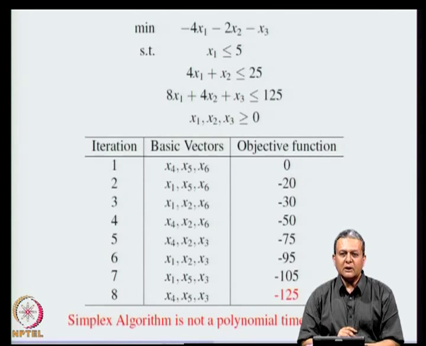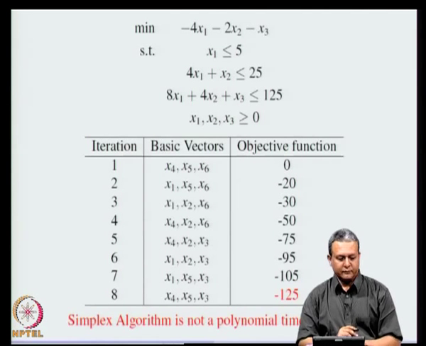Some of the early work in this direction was done by Khachiyan in the 70s, and then there was work by Karmarkar, who developed a polynomial time algorithm for solving linear programs. There was an extension of that called the affine scaling method, which also became very popular.